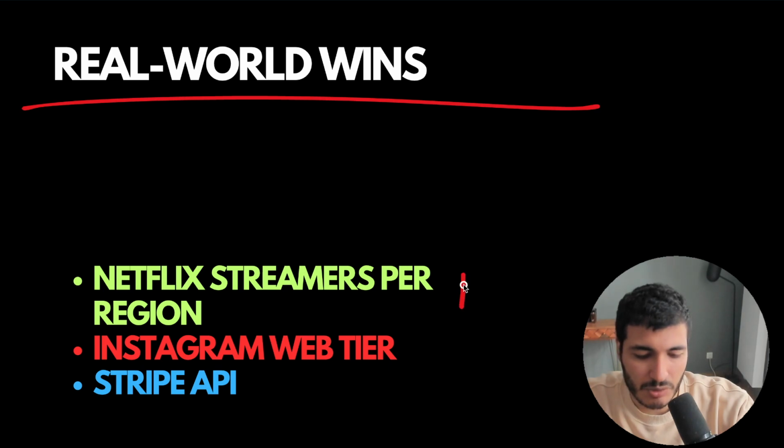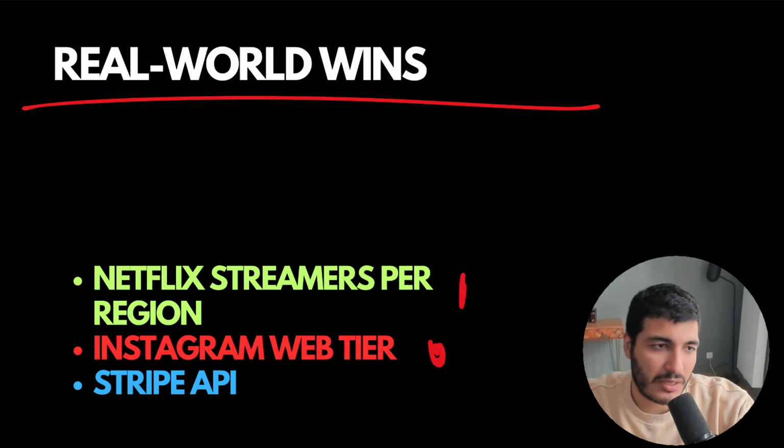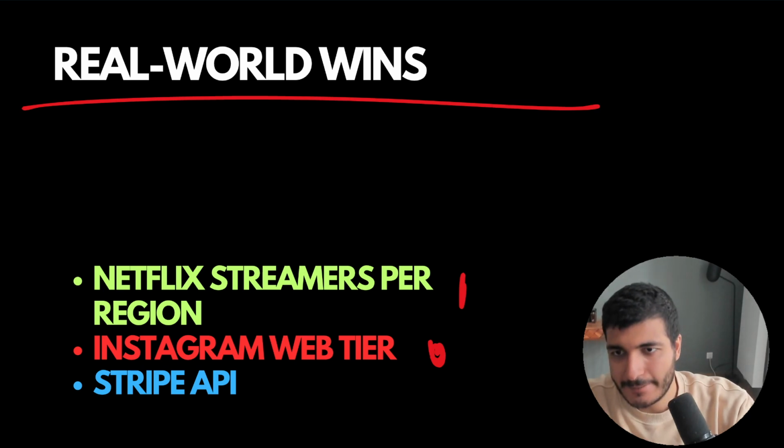The first one we will talk about is Netflix. Netflix streams per region, and new EC2 instances will join the ASG when view counts spike. In the case of Instagram web tier, dozens of Django pods behind Envoy provide zero downtime deploys for Instagram.